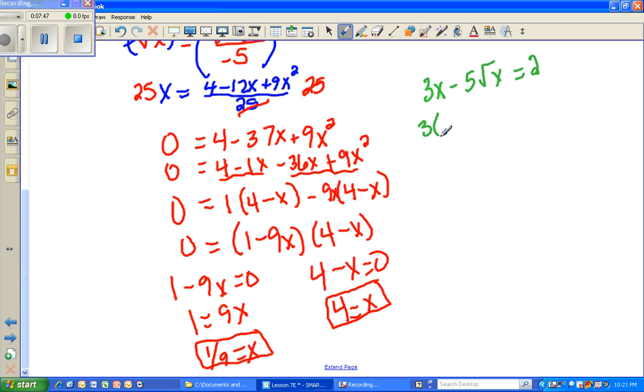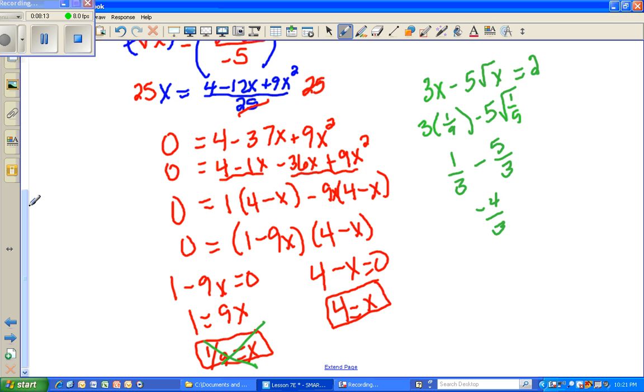If you plug 1/9 into that, you're going to get 1/3 minus 5/3, and that's going to give you negative 4/3, which is not 2. So this guy we can't keep.